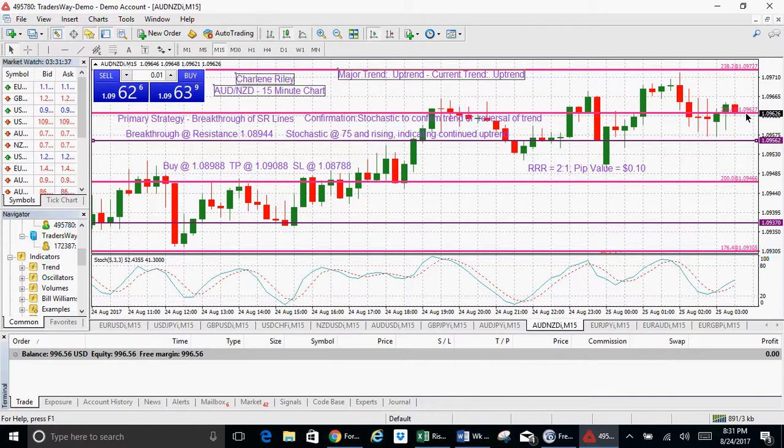So we are above the 1.09627 line, and we have the stochastic above 50.